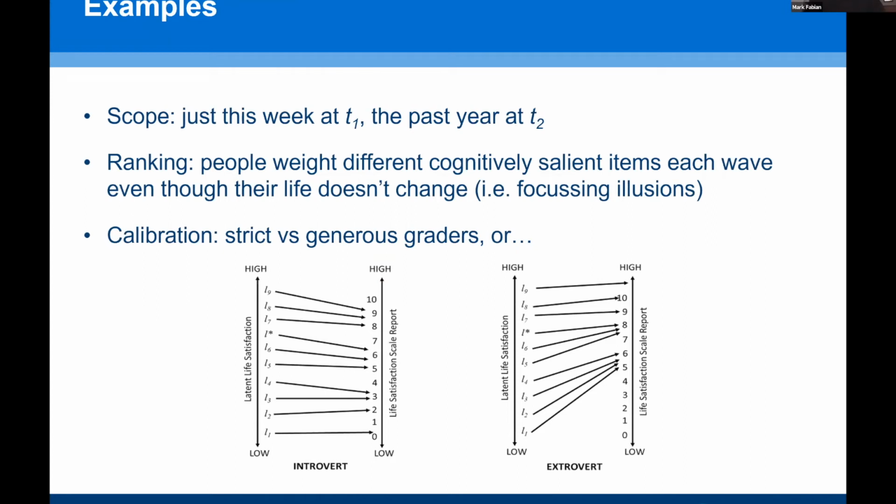In terms of the ranking problem, I think one of the most salient issues here is about focusing illusions. Because this exercise, the ranking problem, is very complex and cognitively difficult, different things will rise to salience almost at random when people answer these questions. So one year when you're asking them, they might really focus on how their career's going, and they might give you a low answer.